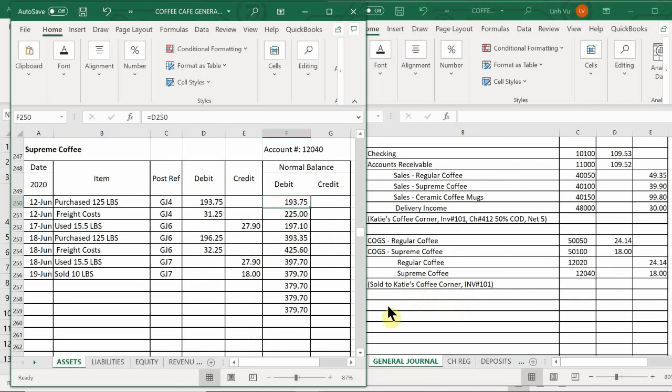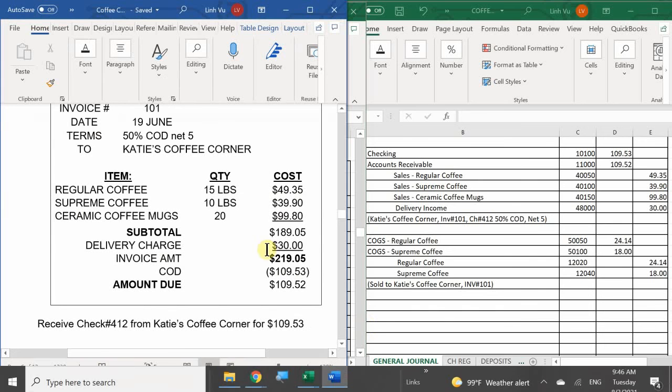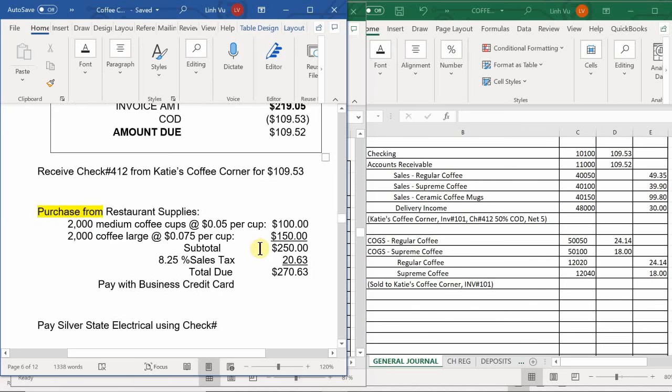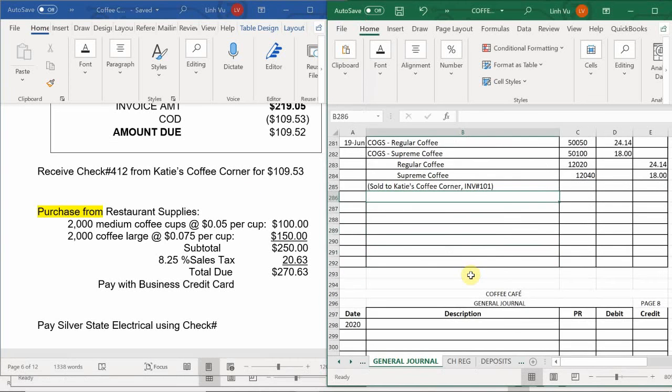Right. So that's it for this transaction. Okay. So then let's see what has happened next. What did we do here? We need to purchase restaurant supplies, coffee cups.